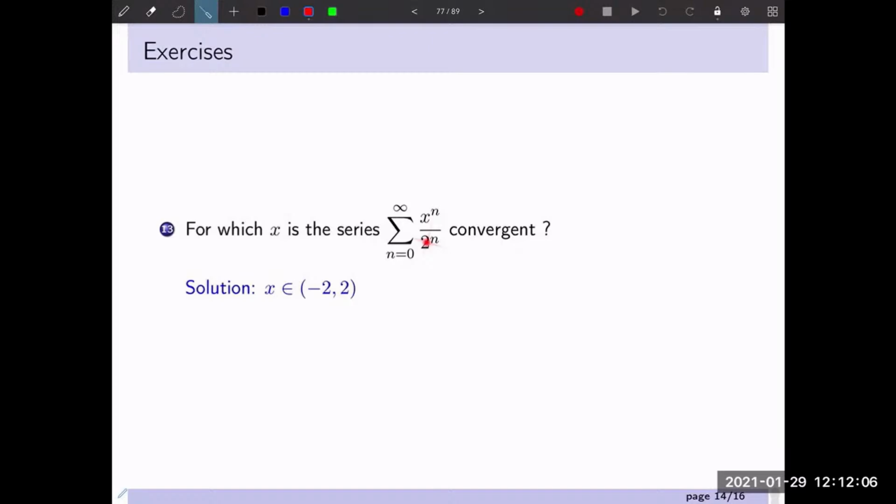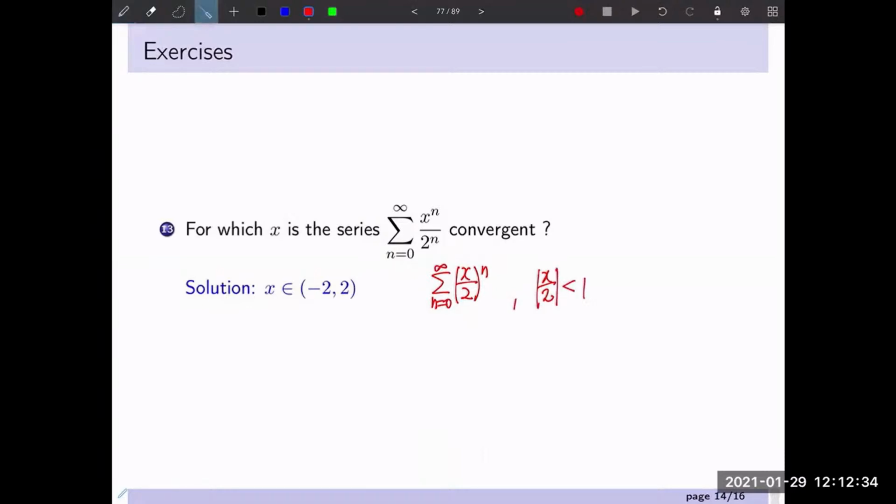You can regard x to be a fixed number and determine whether this series is convergent. This is the method. Let's say x is just a fixed number, and then this would be a geometric series. We want to determine whether this geometric series is convergent, and we would require the absolute value of the base number to be smaller than 1.